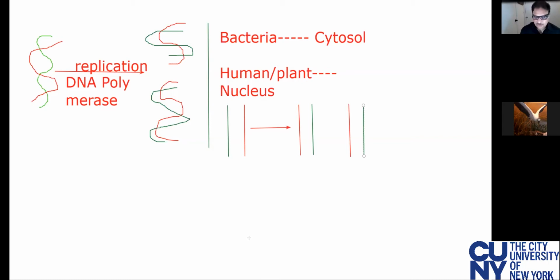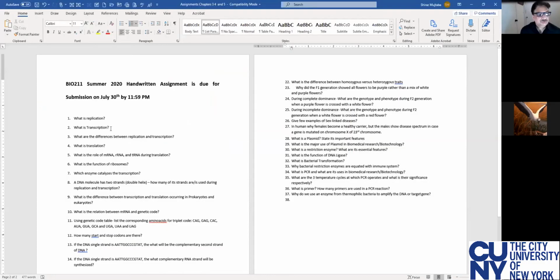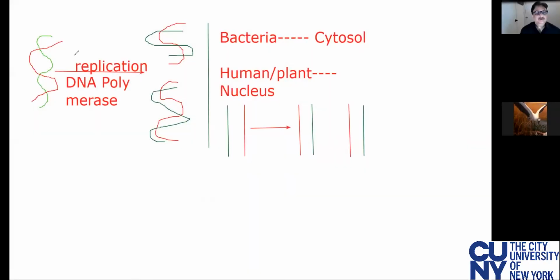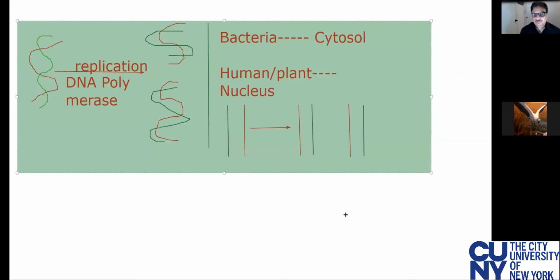Okay, so what's the next question? The next question is, what is transcription? Here we spoke about replication, which is one of the functions of DNA. The second function of DNA is that DNA has to control our cells, the cell functions, cell division.